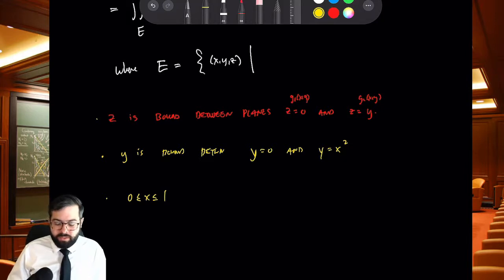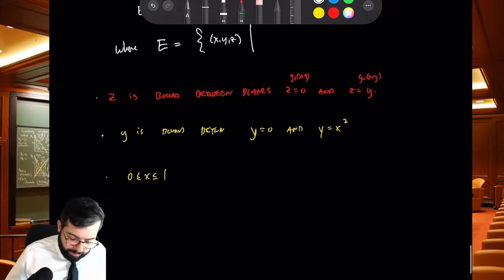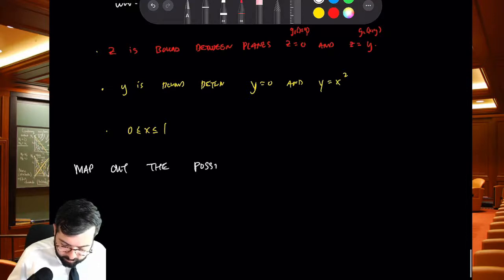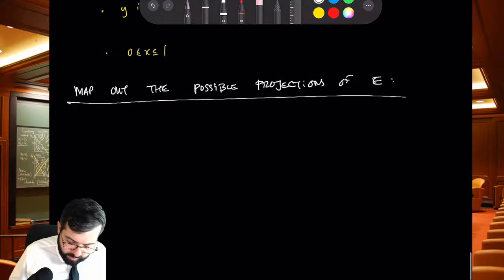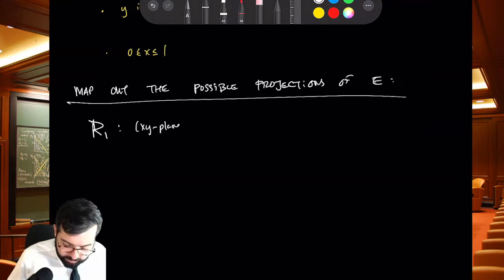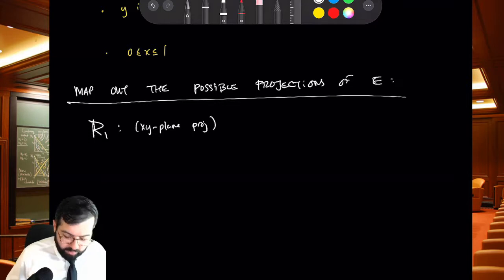But what we can do is let's map out the different projections. So what we'll call R1 is the projection to the xy plane, the shadow of this thing in the xy plane.